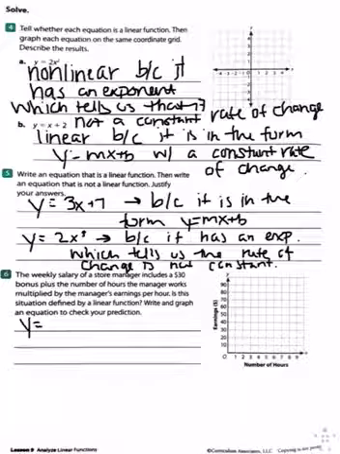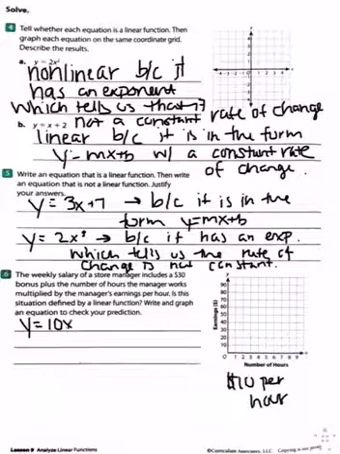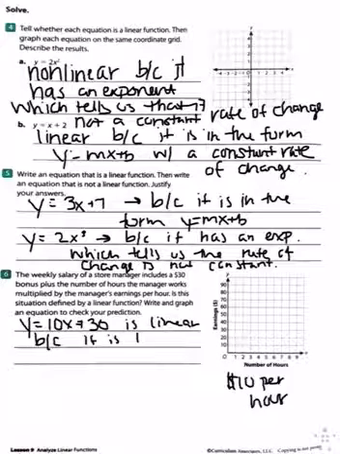I'm going to go with a simple $10 an hour. In that example, it would be 10x, because 10 is my rate of change, $10 per hour, plus his $30 bonus. This equation is linear because it is in the form y equals mx plus b.